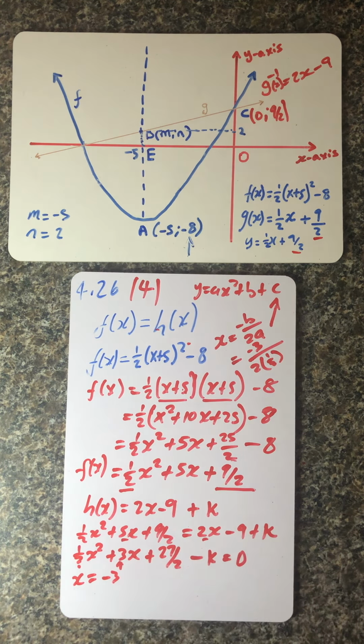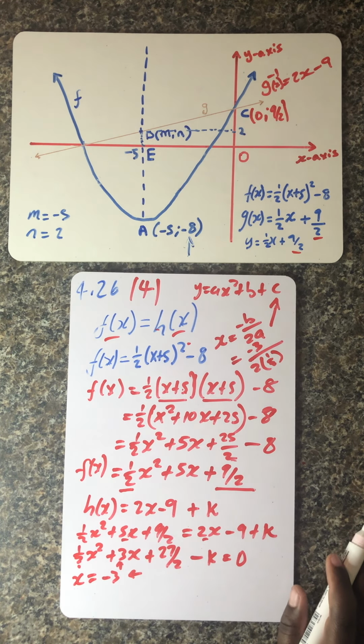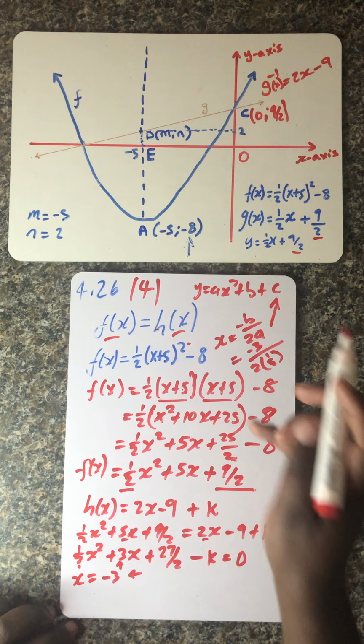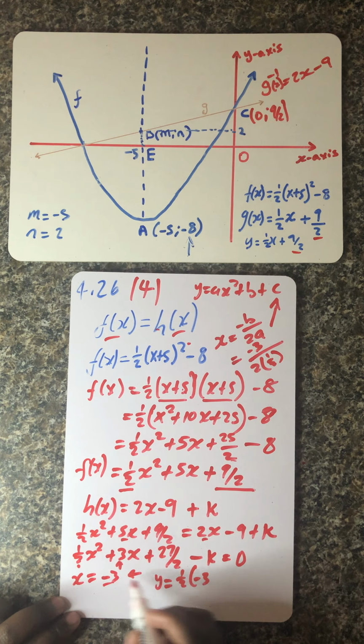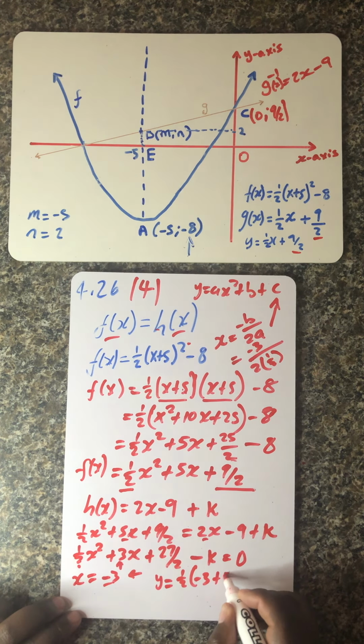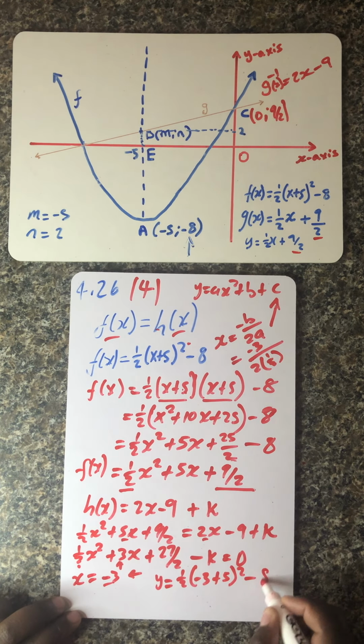Then with regards to the y value, you can just substitute into one of these original formulas. Obviously, we can use the graph of f, because this graph of h has a k, whereas we don't know the value of k. So we can just substitute into that original formula and say y will be 1 over 2 times, in place of x we substitute minus 3, then plus 5, close squared, minus 8.